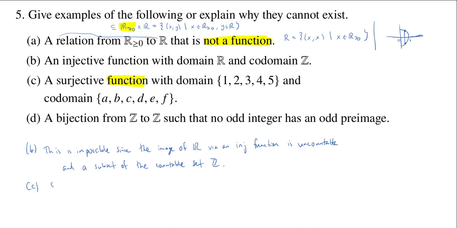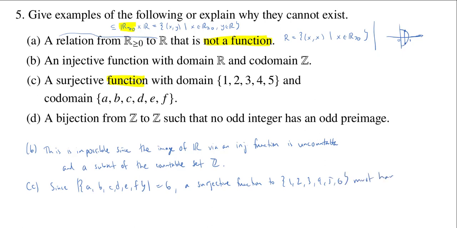All right, so since the codomain A, B, C, D, E, F has cardinality 6, a surjective function to this set, 1, 2, 3, 4, 5, 6, must have 6 distinct preimages.